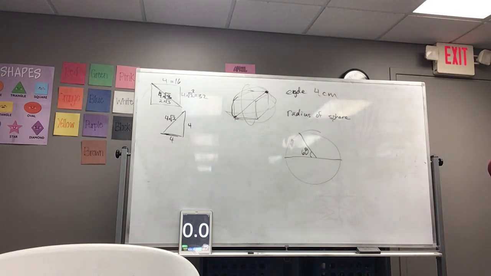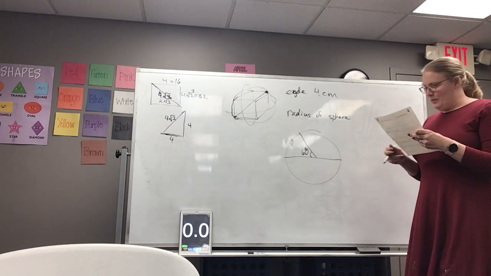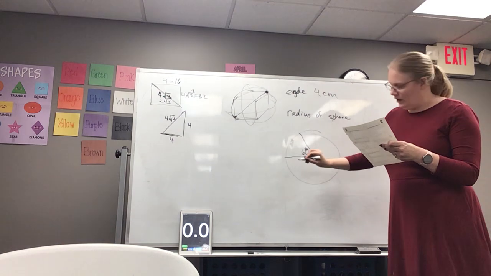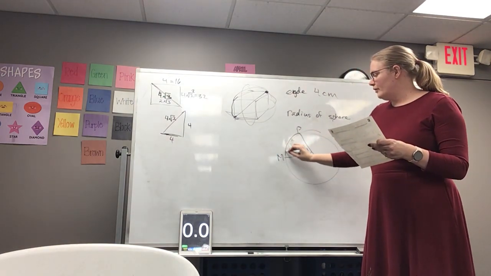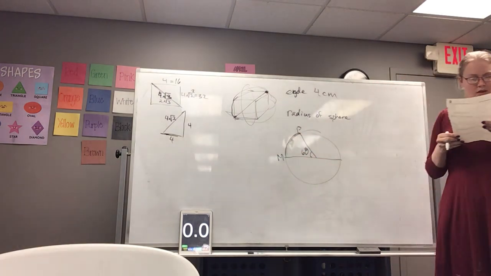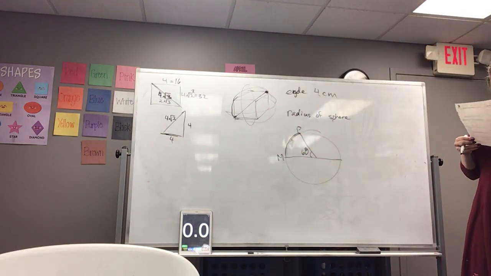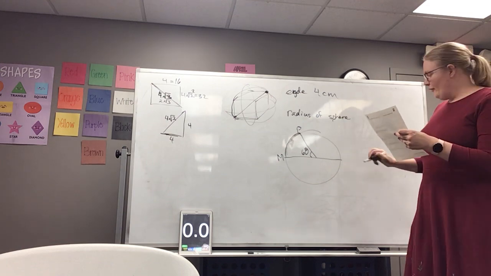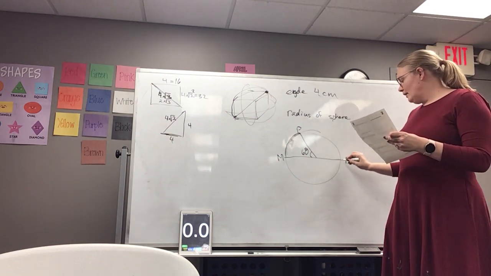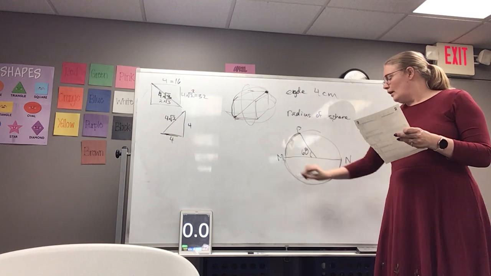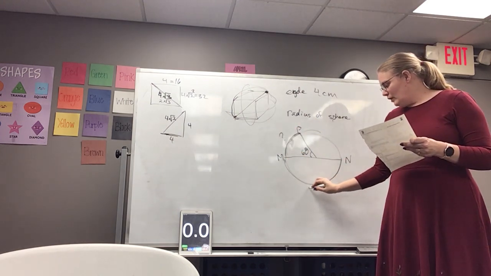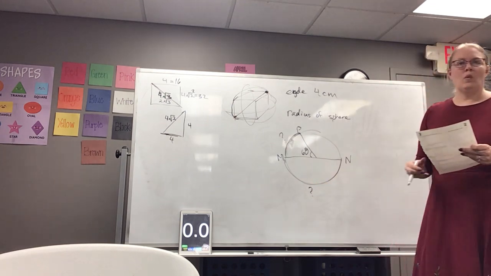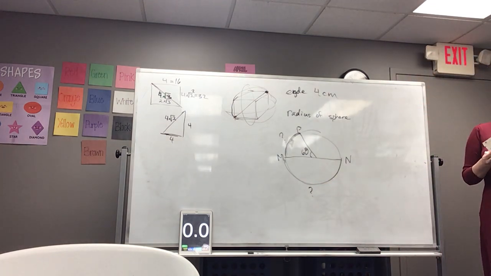They asked the shortest distance along the circle from M to P, which is here, compared to what percent of the distance along the circle from M to N. And so they are comparing this arc length to this arc length. What percent would it be?